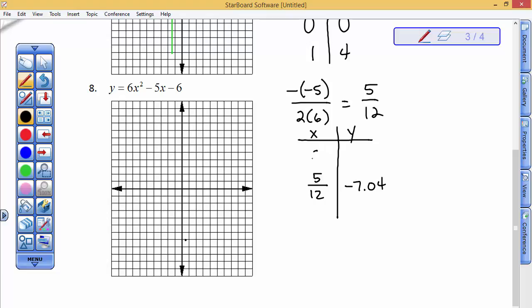What I did next is I chose to find my y-intercept. So when x is 0, this term is gone, this term is gone, and you're just left with -6. What I could do next is try when y is 0. Doing that means I have to solve a quadratic equation. If I set y equal to 0, I have 6x squared minus 5x minus 6.